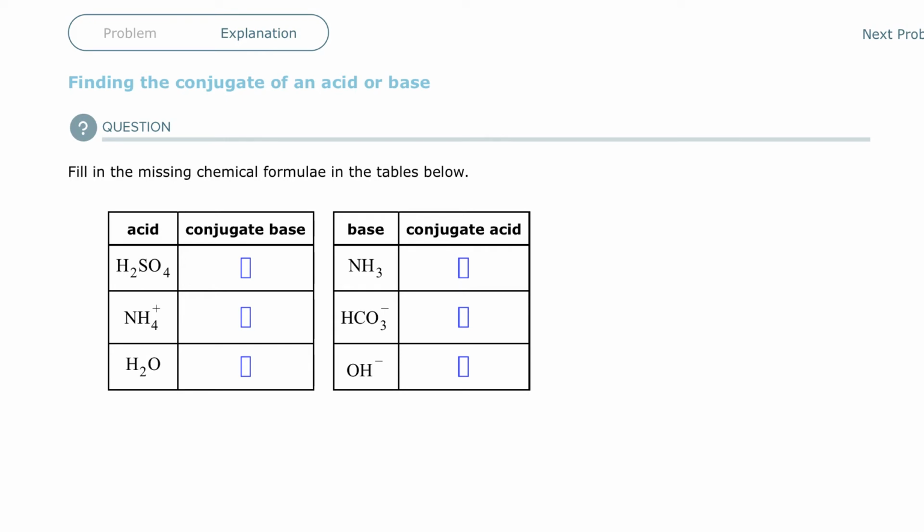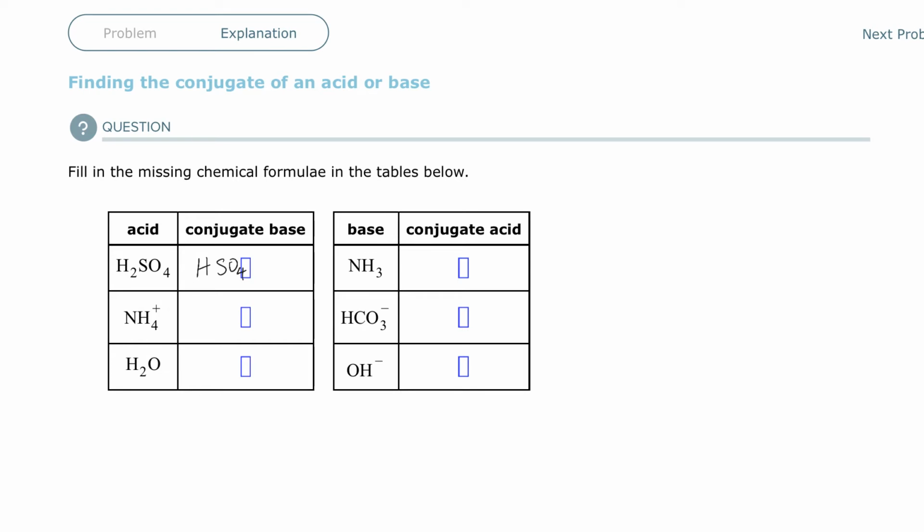When I have sulfuric acid, H2SO4, what's going to be left over after I give away an H plus? Well, I know that if I give away an H, I'll be left with HSO4. But what about the plus?